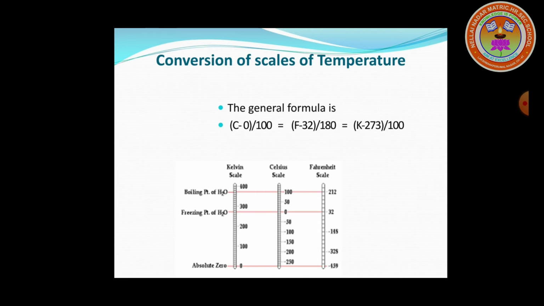And the second use is that thermometers are used by scientists. They are using the Kelvin scale. And third, common temperature measurements are made in the Celsius scale. For example, weather reports. In the everyday news we get the weather reports also, isn't it? They use only the Celsius scale. For example, today's temperature of Chennai is 30 degrees Celsius or 35 degrees Celsius.